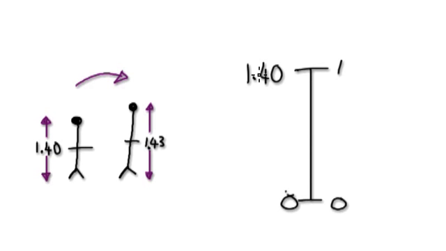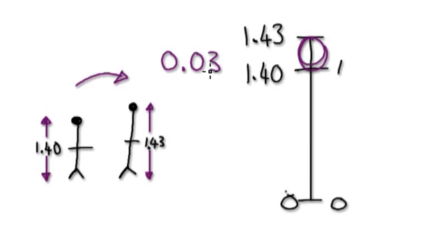And then 6 months later, let's say your height is 143. So what is this amount here? This amount here would be 0.03. So you move this amount down here. So this level here is 0.03. Basically, you get the increase, and then you compare it to the original.